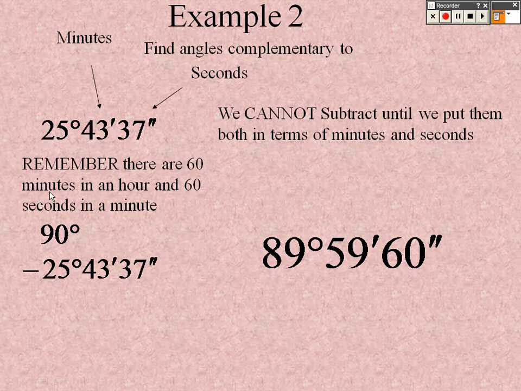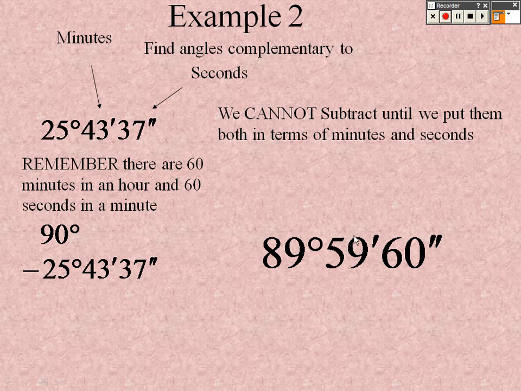So I'm going to rewrite this 90 degrees as 89 degrees, and what I'm going to do is borrow a 60 over here. So it's 89 degrees, 60 minutes. Well, how did I get this? There are, in 1 hour, 60 minutes, and then in 1 minute, so I took that 1 minute away, and I created 60 seconds out of that.